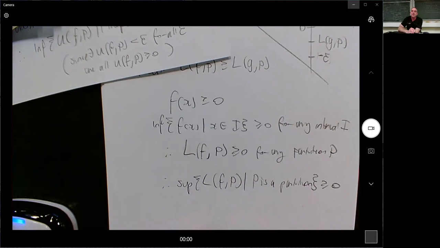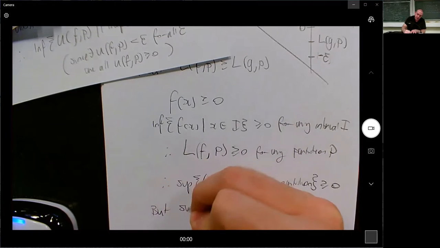And since all of the lower sums are less than or equal to all of the upper sums, and the infimum for the upper sums is 0, this supremum has to be 0.